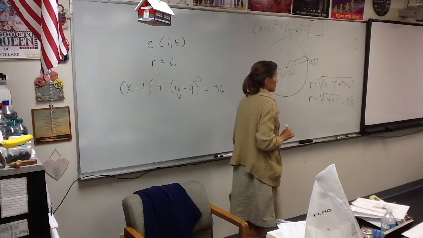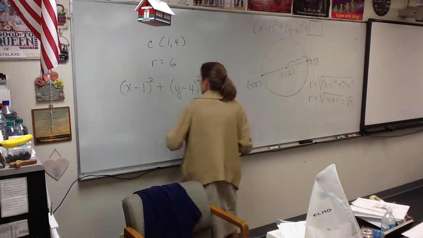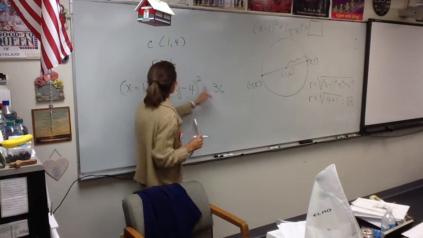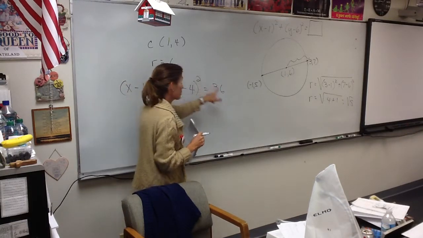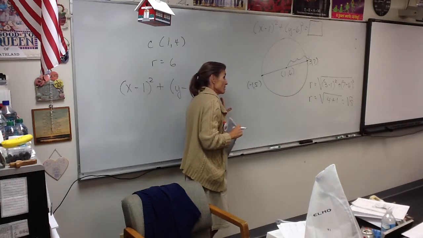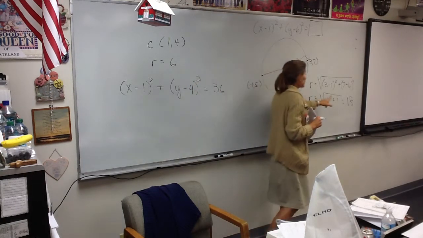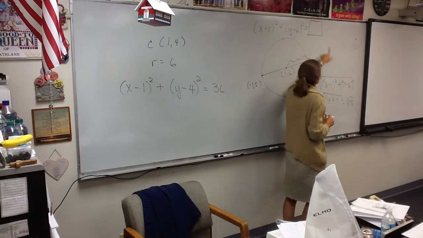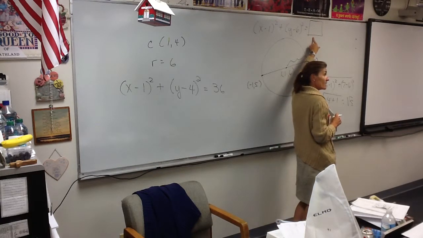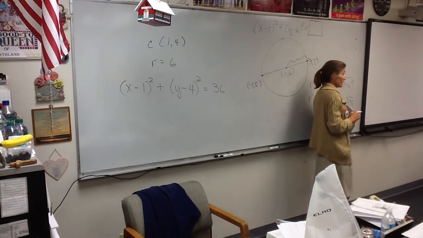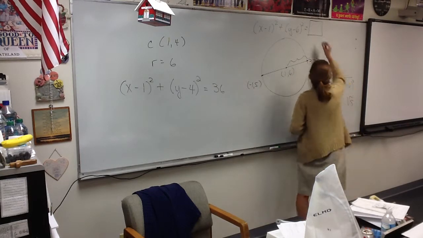Be careful. The radius was 6 in the last example, so my equation had a 36 in it. So if the radius is root 5, the equation will have a root 25, which is just 5.